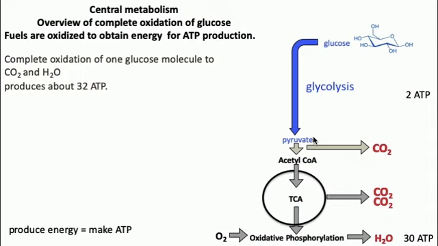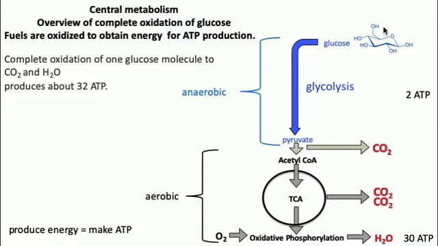The oxidation of glucose to pyruvate makes 2 ATP, and that is a learning objective. It's a simple enough number, and it's kind of important to realize that you get 2 ATP from that. You should also be aware that from the rest of the process, going from pyruvate down to carbon dioxide and water, you get about 30 ATP.